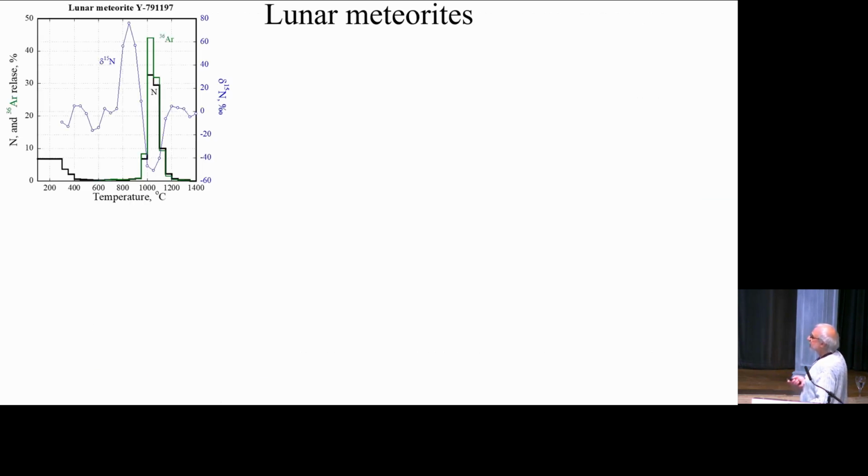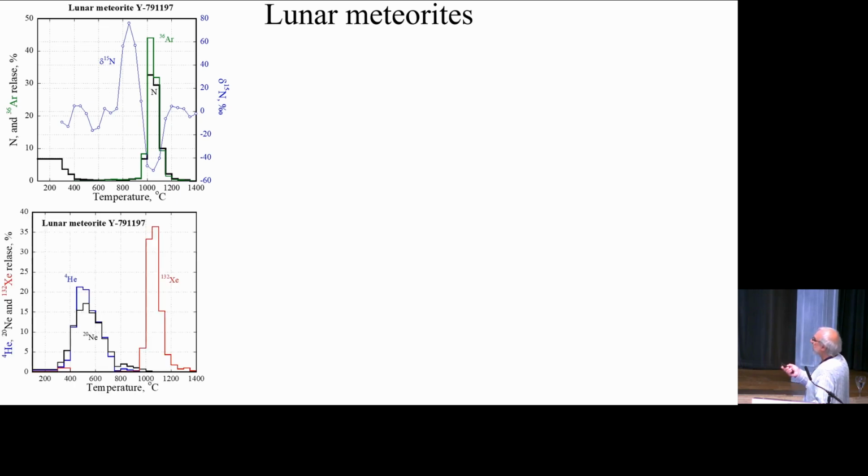In this connection, it's interesting to compare the data with lunar meteorites, which we also analyzed recently here at the Open University. You see, in this case, nitrogen and argon are released only at high temperature. We don't see low temperature release, as we saw for lunar soil. And the same for xenon. Here, it's also released only at high temperature.